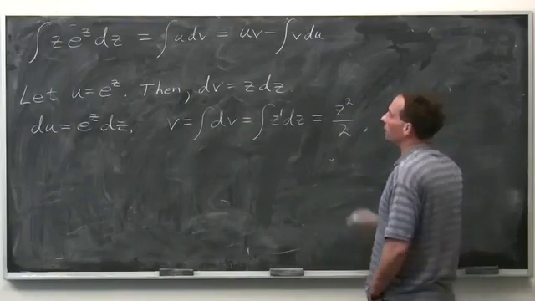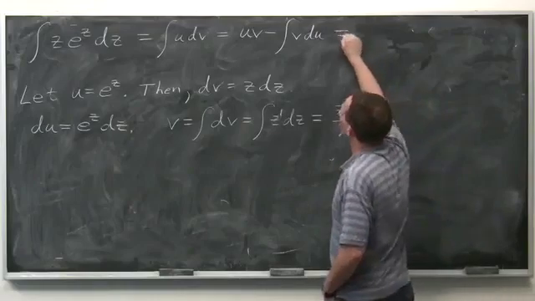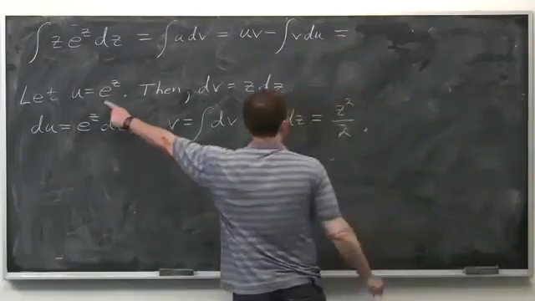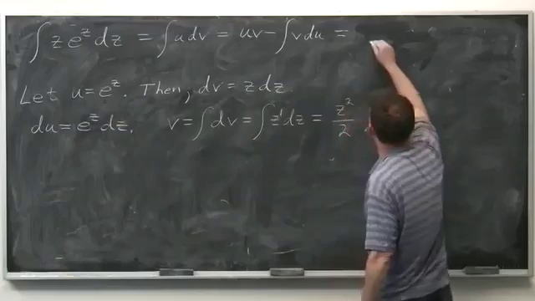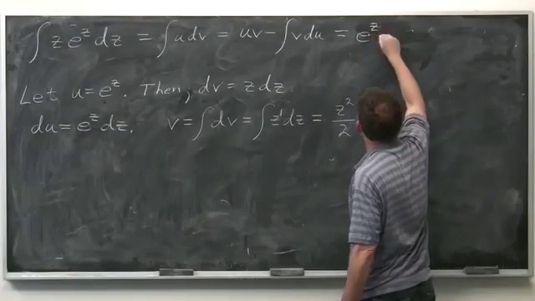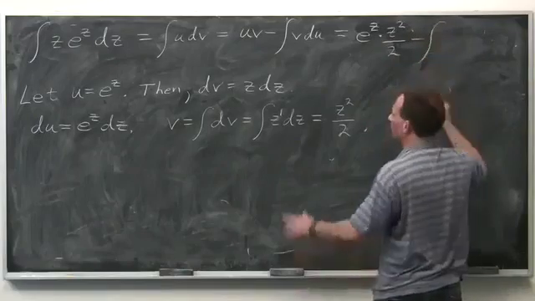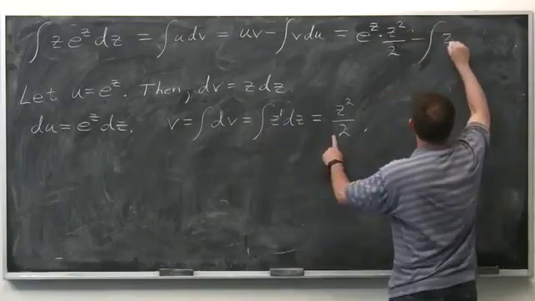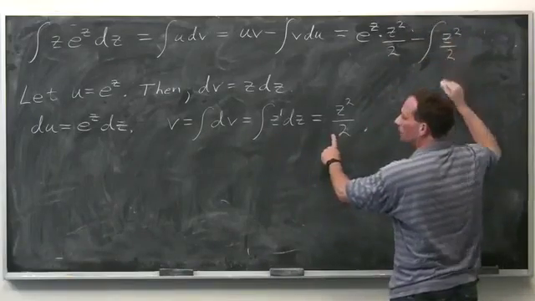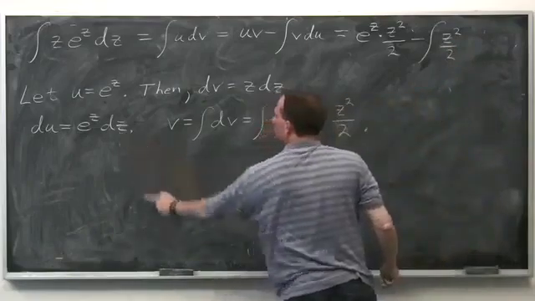So what do you get after you apply integration by parts? U times v, e to the z times z squared over 2, minus the integral of v, which is z squared over 2, times du. du is e to the z dz.